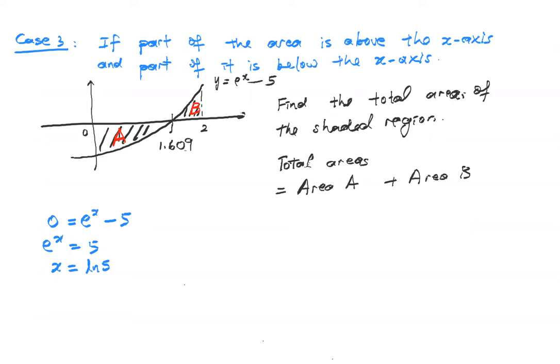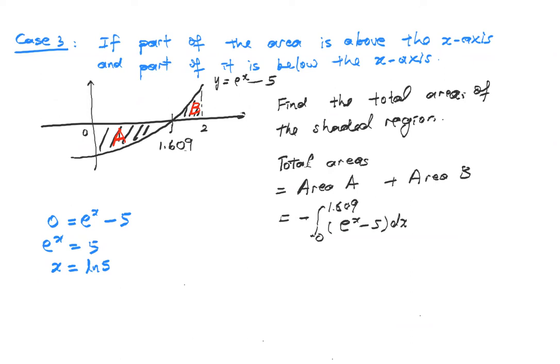To find area A, because area A is below the x-axis, I put a negative sign here. From 0 to 1.609, e to the power x minus 5 dx.